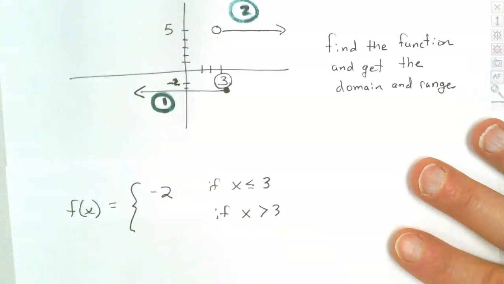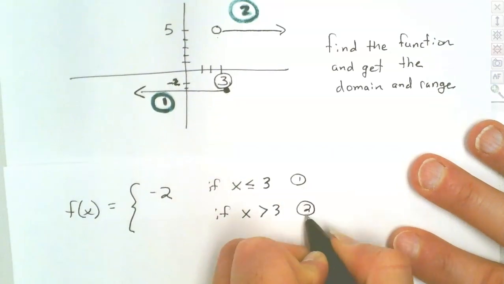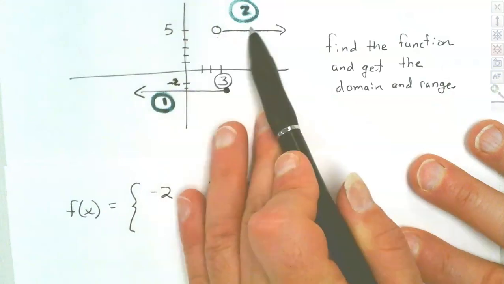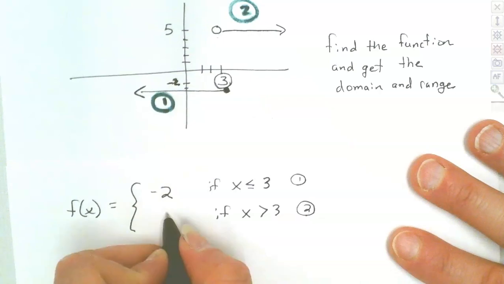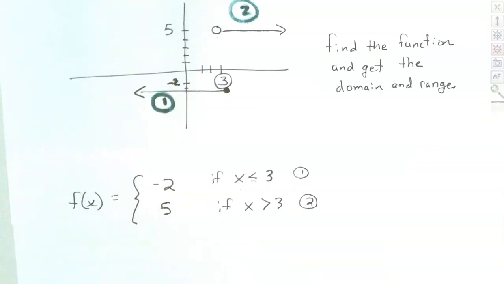What about the second row? So this is 1. This is 2. Well, it's a constant. And where is it a constant function at? It's a constant at what? 5. So there is the function that gives you this graph.